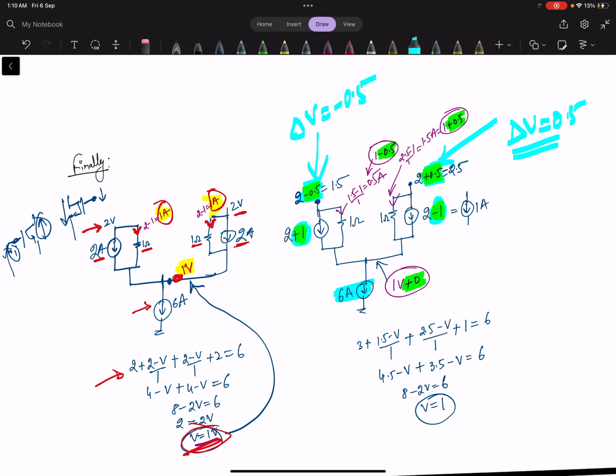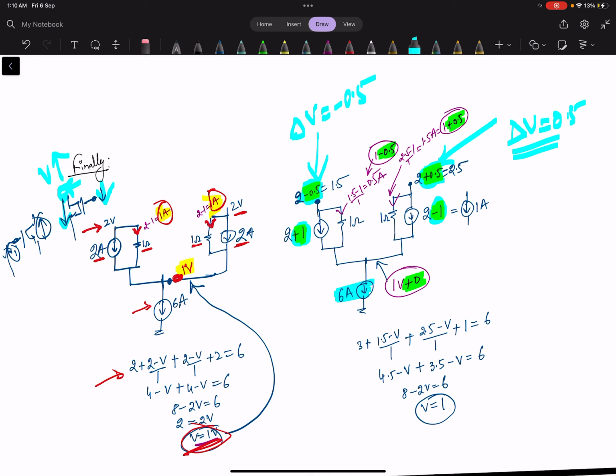Decreases by 0.5 and increased by 0.5. The current is increased by 1 ampere and decreased by 1 ampere. Here I have taken an actual example of what will happen if this voltage decreases: this current decreases, and this node voltage will increase.